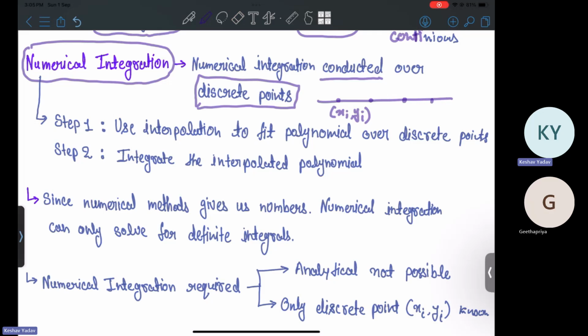We have seen the Lagrange polynomial and other polynomials also. Here we will use mostly the Lagrange polynomial. Once we have found the polynomial, we can integrate it to find the numerical integration.